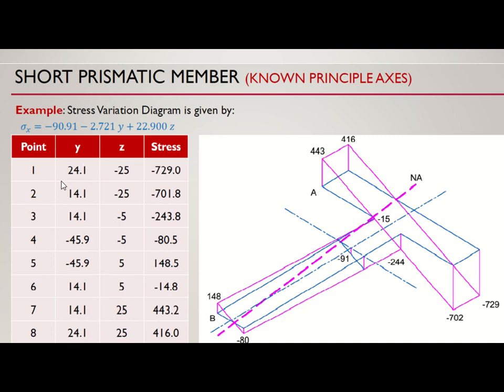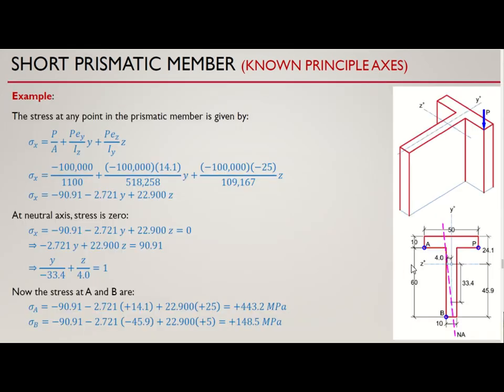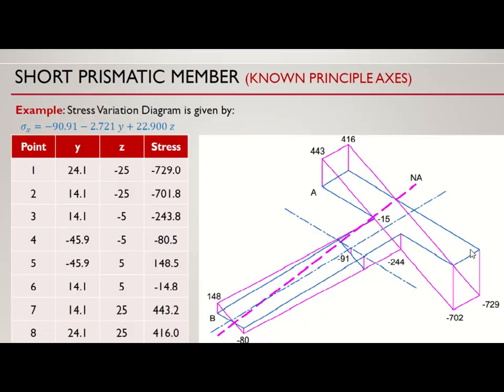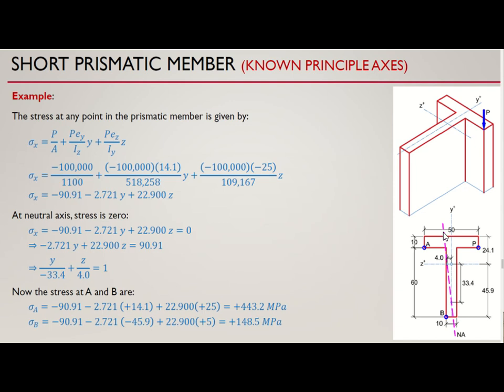This distance y is 24.1. This distance is 24.1 for plus and for minus 25, we know, half of 50. If we go to the right from the neutral axis, then it is plus, and on the left side it is negative.